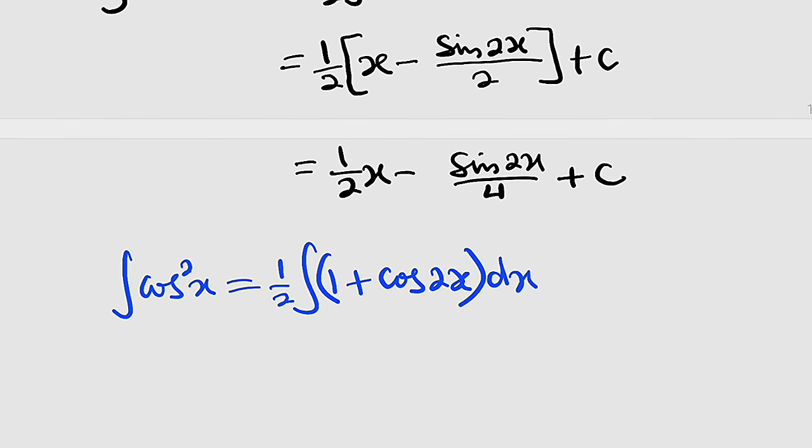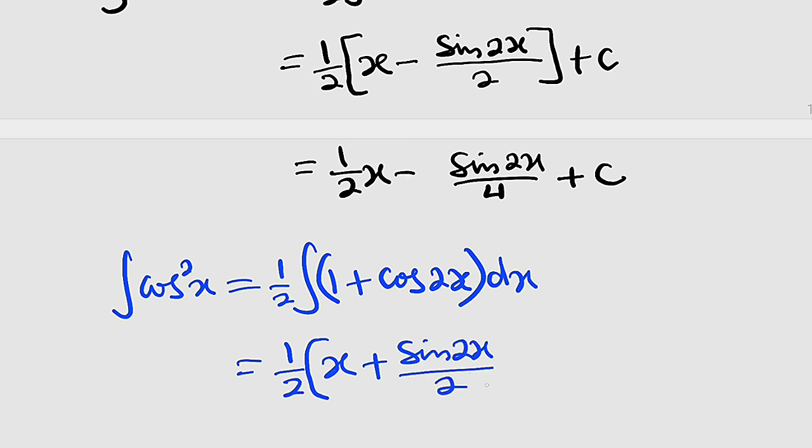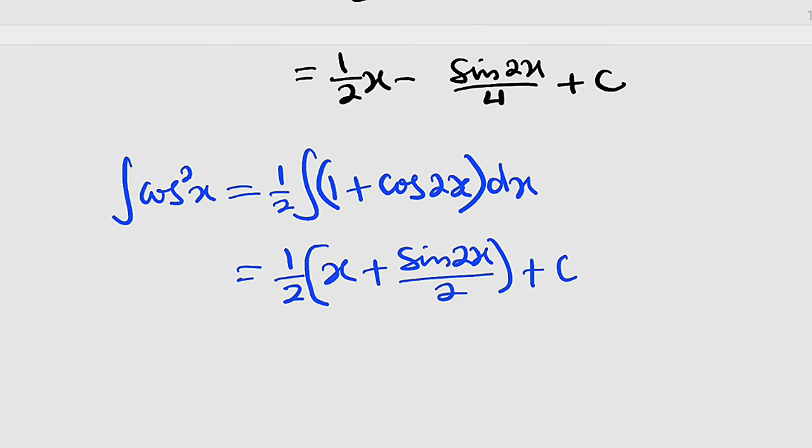Let's integrate. This is equal to 1 divided by 2 multiplied by the integral of 1 with respect to x is x plus. If you integrate cosine of 2x, you get sine of 2x. Divide by what? Derivative of 2x, which is 2, plus the constant of integration. Let's expand.